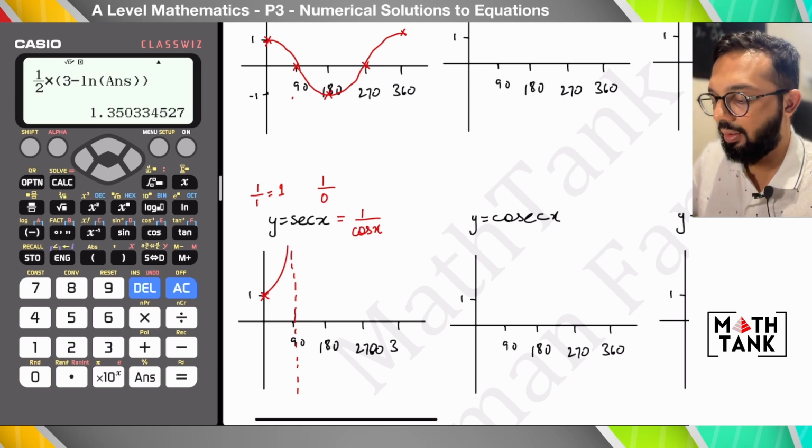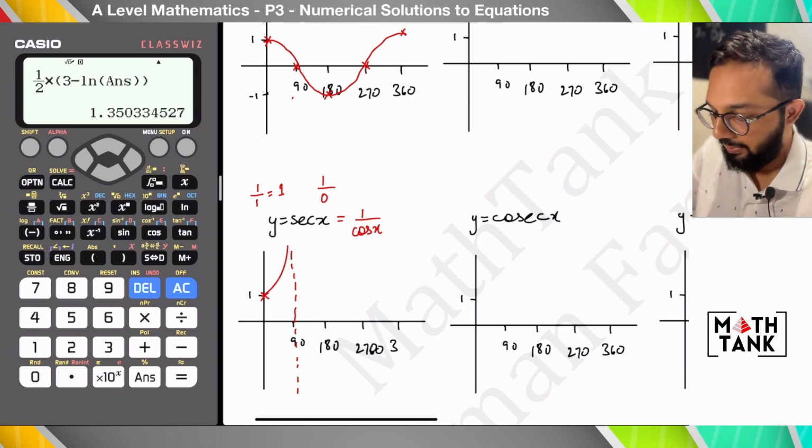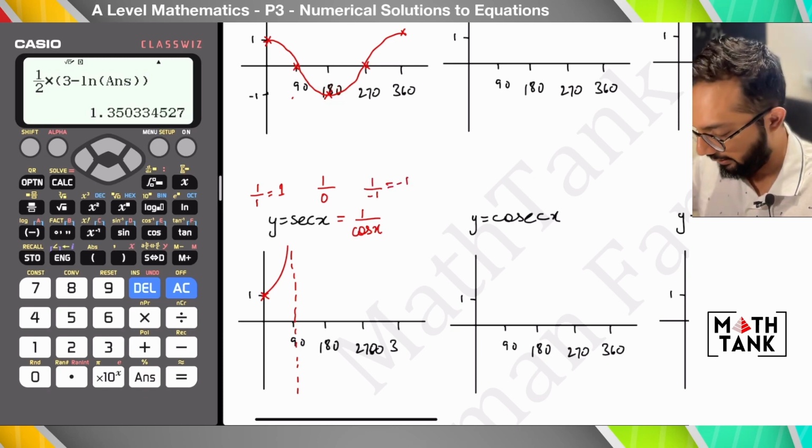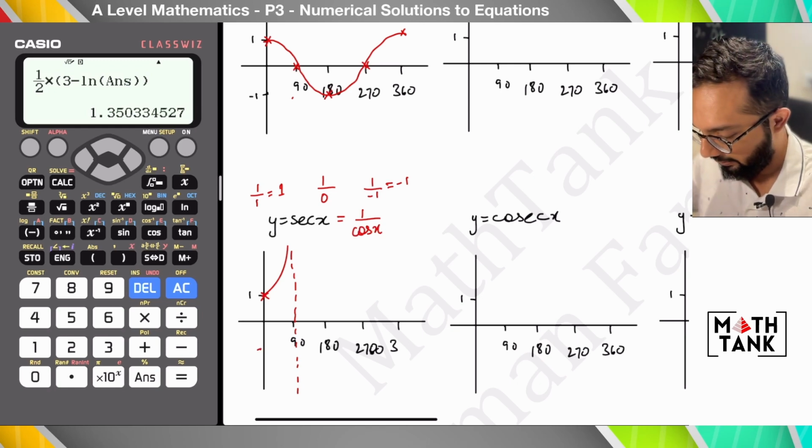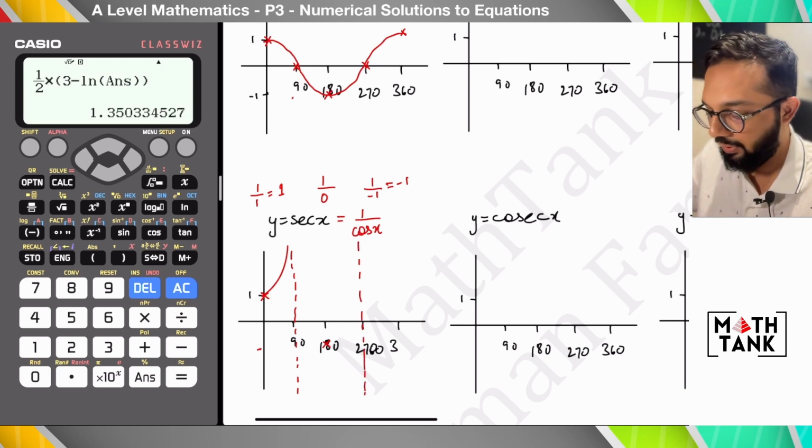Then at this point I have -1, so I'm going to say 1 divided by -1. That gives me -1. So sec x is also at -1. On both these then I have an infinity at 270. Now how do I know that the curve is going to be negative?